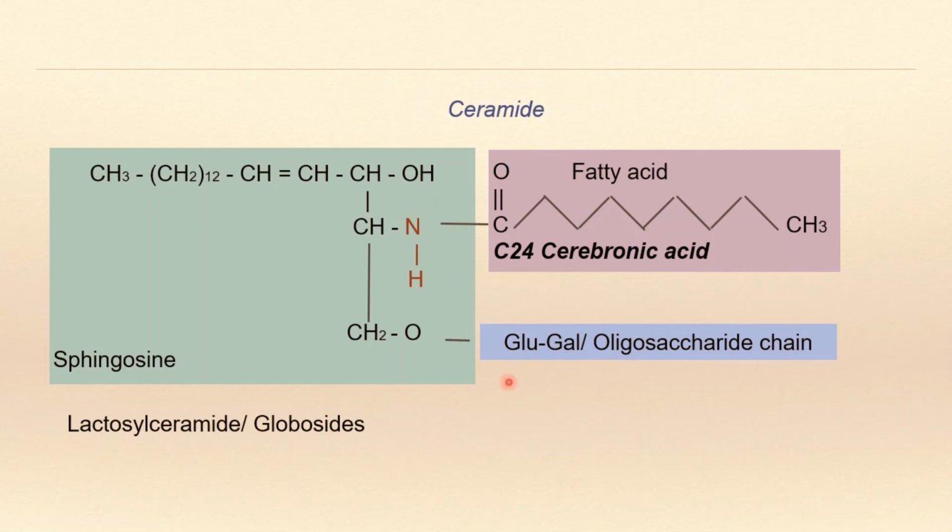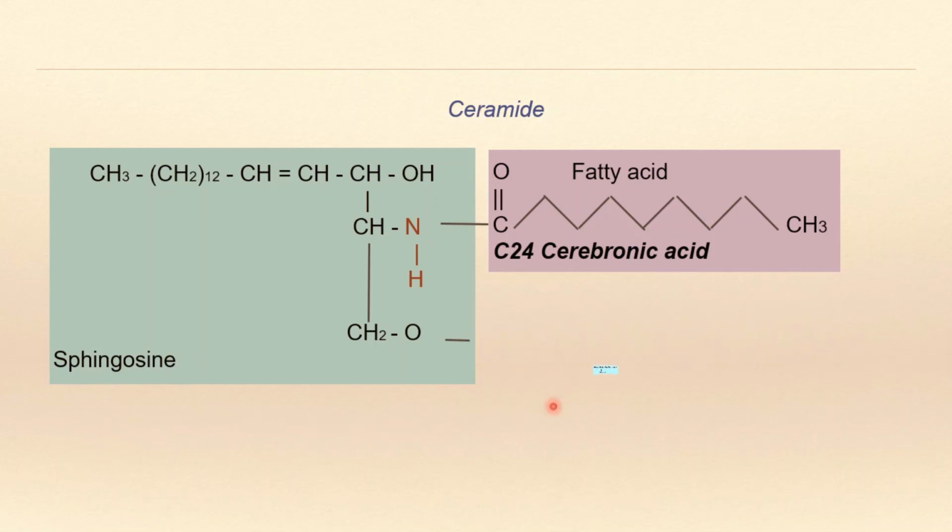So glucose and galactose is not the only one molecule. It can get polymerized to form an oligosaccharide, and that can be added, and it becomes the lactosyl. Glucose and galactose form the lactose. So lactosyl ceramide, or it is also called the globoside. Then there are other gangliosides present in the ganglion cells.